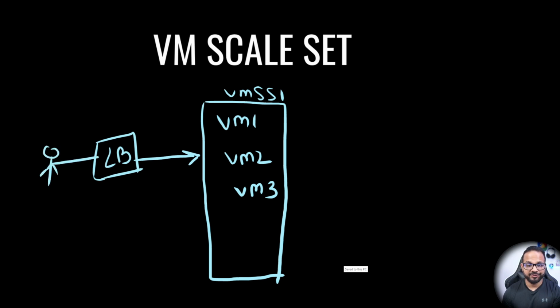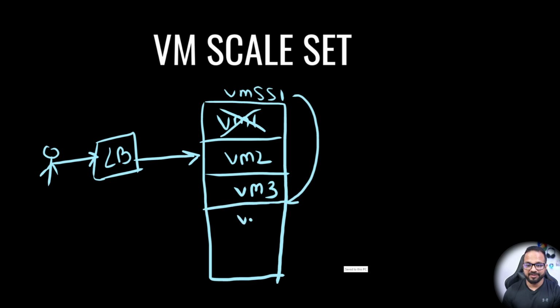And here is your user accessing the application through your load balancer. Now, let's say if VM1 goes down, then virtual machine scale set will provision another VM. Call it VM4. And it will make sure that certain number of VMs are always available and ready to serve the traffic. It has another important benefit, which is automatic scaling.